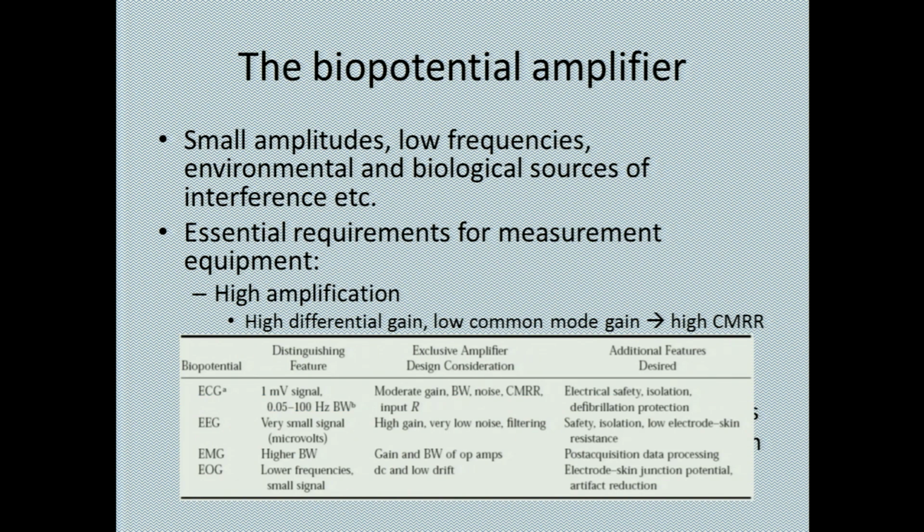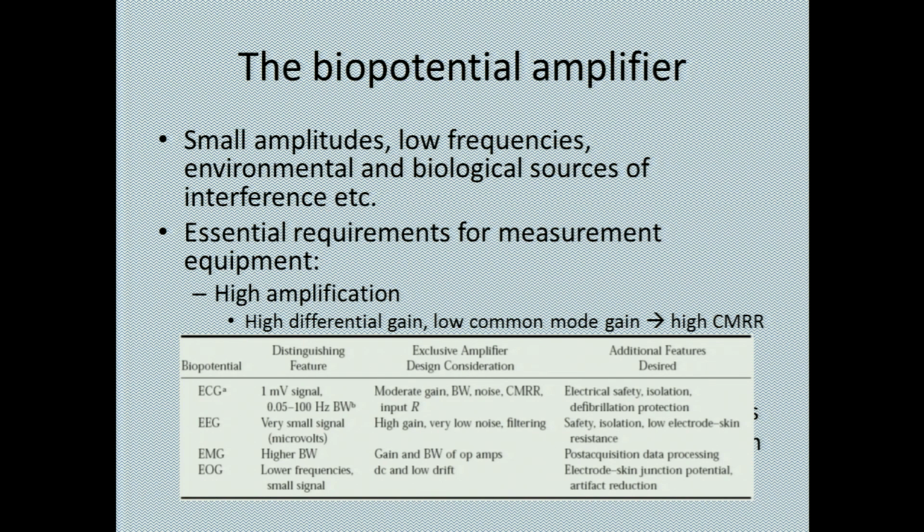See, this gives you a nice comparison: the name of the biopotential, the magnitude and other details, what are the problems we encounter. Moderate gain, bandwidth, noise, CMRR, input resistance. In the case of EEG, high gain, very low noise, filtering. These are the requirements. And then EMG is gain and bandwidth of op-amps.